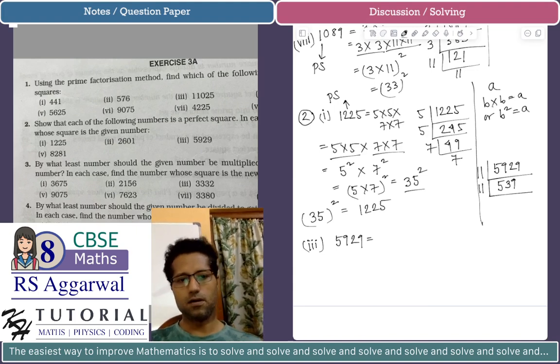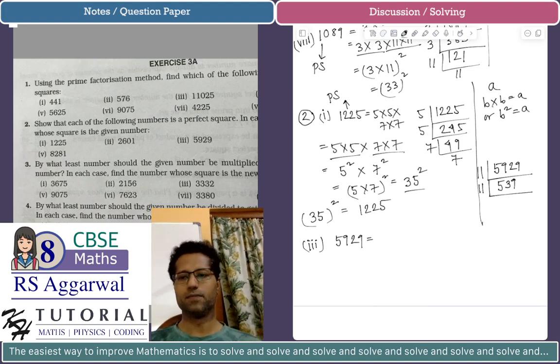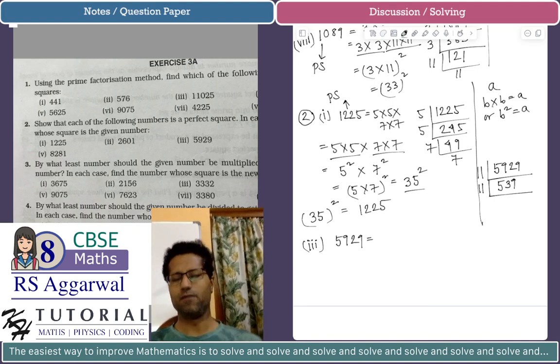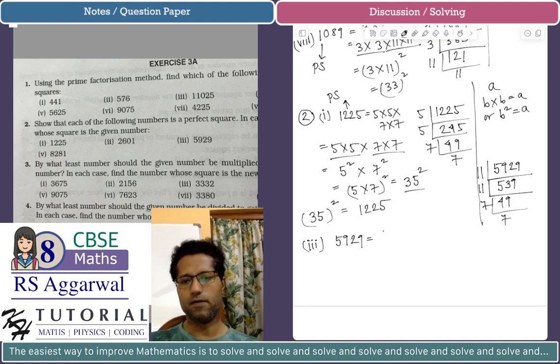Now since it is given that we have to show that each of the following numbers is a perfect square, if 5929 is dividing by 11, there has to be another factor of 11, because definitely 5929 will have a pair where each factor is 11. So we have 49, and then we have 7, 7. So we have 11 into 11 into 7 into 7.